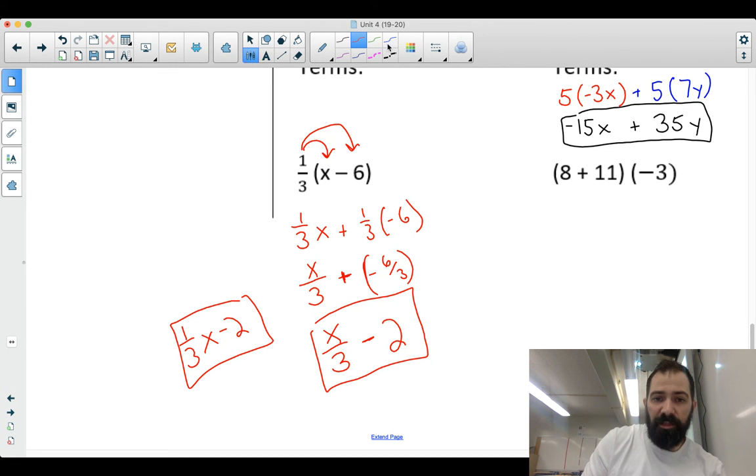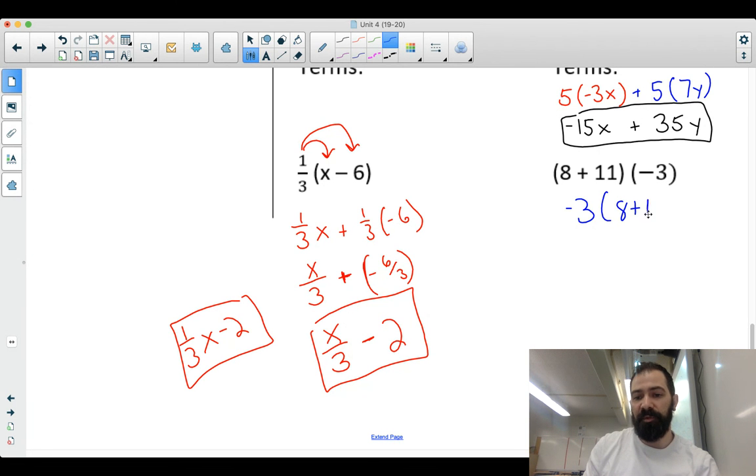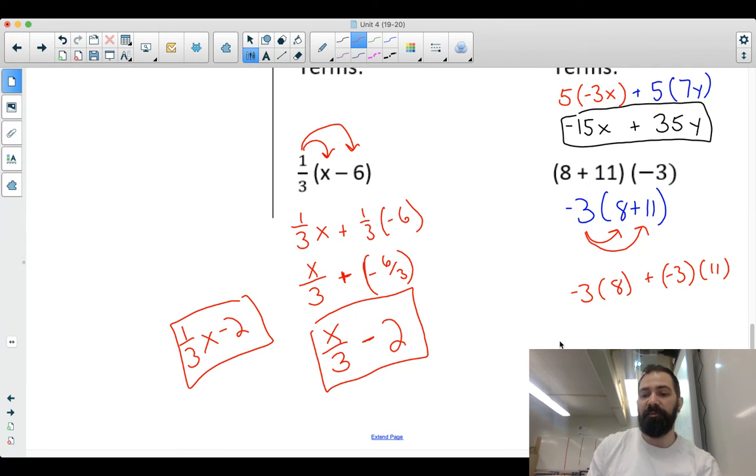And last but not least, make sure this doesn't scare you. If it does, rewrite it: negative 3 times 8 plus 11. Then we distribute: negative 3 times 8 plus negative 3 times 11.